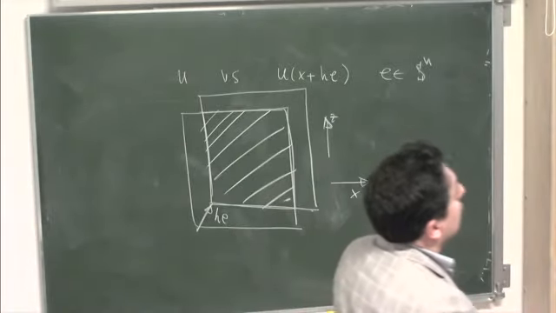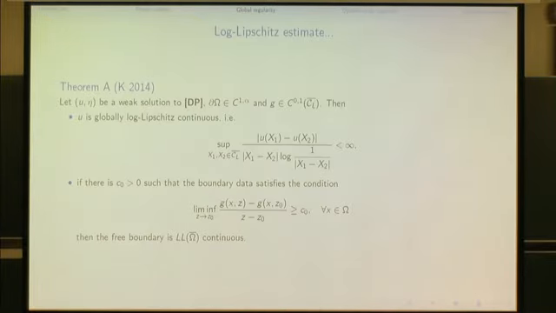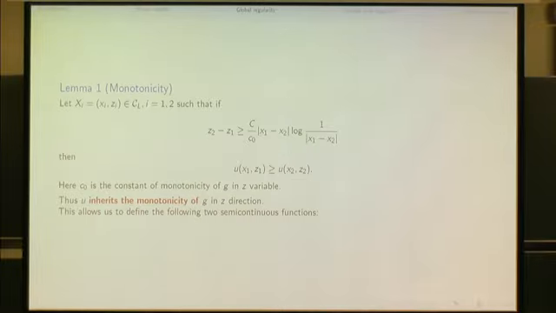Unfortunately, you can't claim that this monotonicity is strict. You can just say that it is monotone, but you can estimate the size of the monotonicity as it is done here. Another important thing is that the reciprocal of this monotonicity constant C0 appears here.